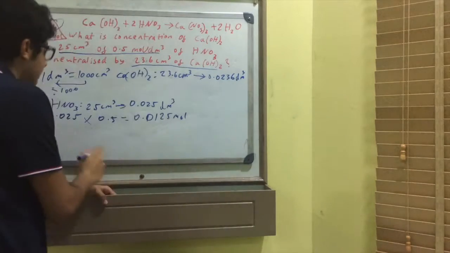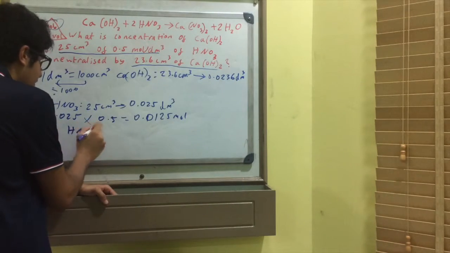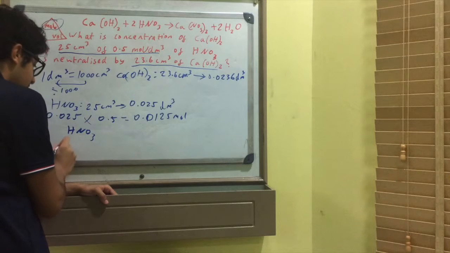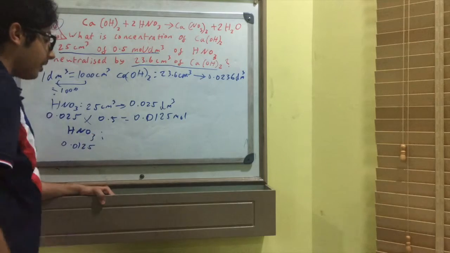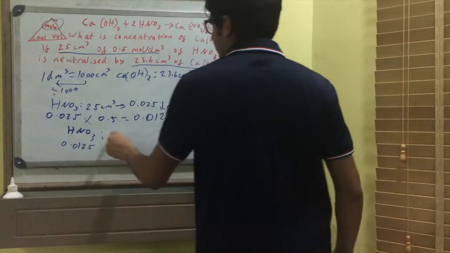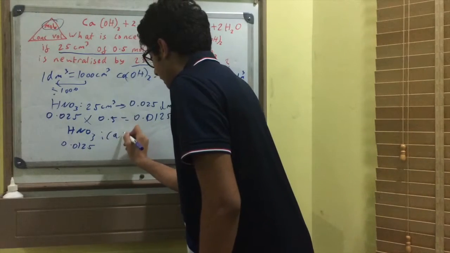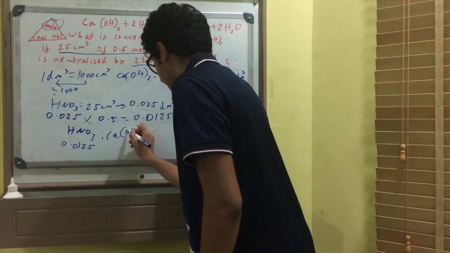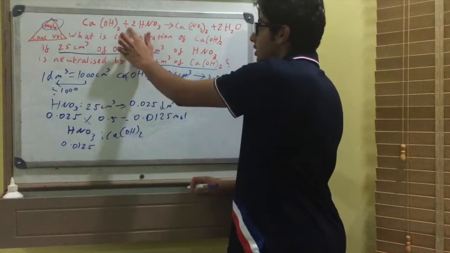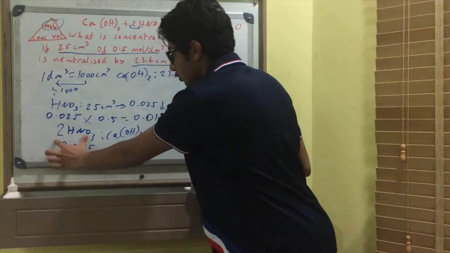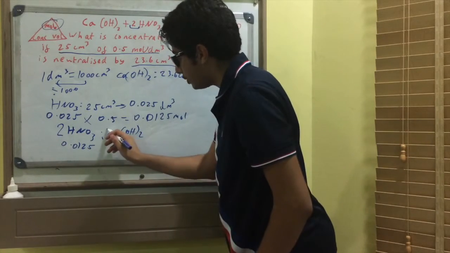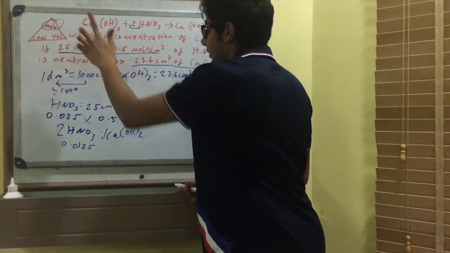What is the ratio of moles between nitric acid and calcium hydroxide? What we worked out is the number of moles for nitric acid, which is 0.0125. We want to find the ratio of nitric acid to calcium hydroxide. In the equation, oh look, here's a big number. That's 2. And here we're assuming it's 1 because there's no number put there.